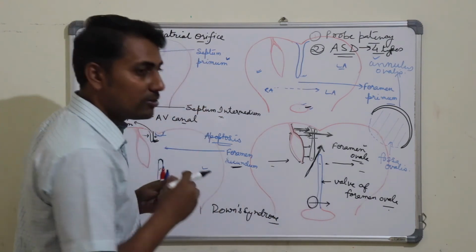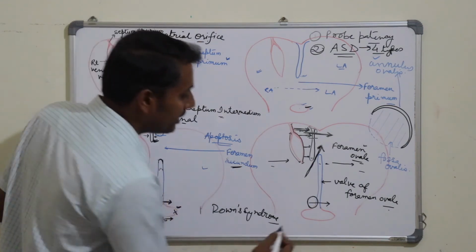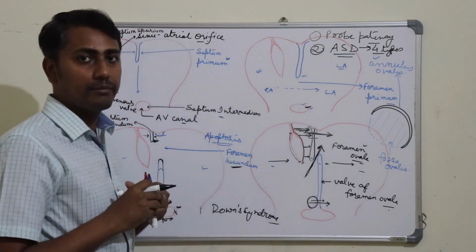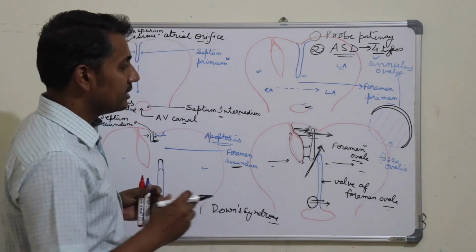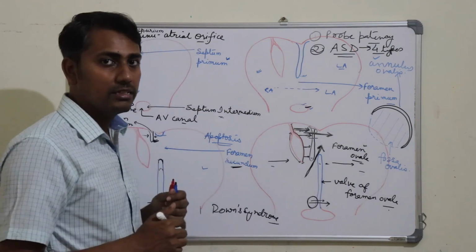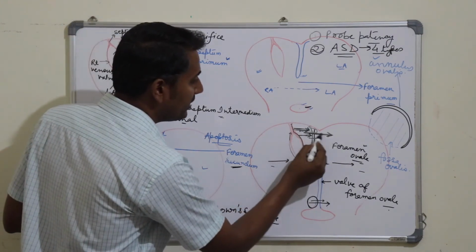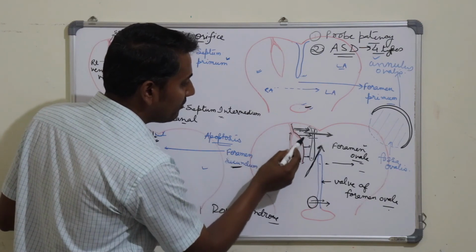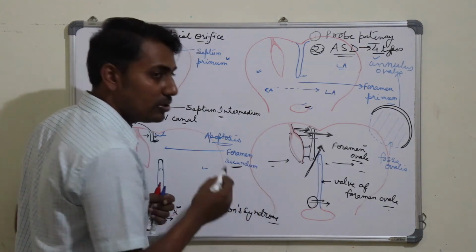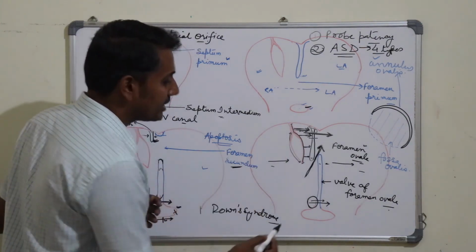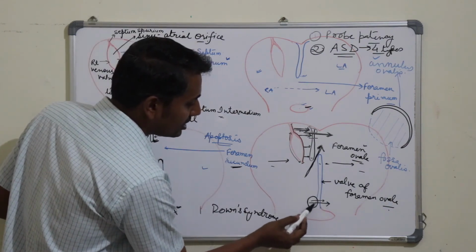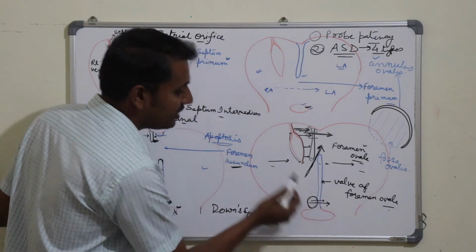Therefore, due to the non-formation of these valves, there can be a defect in this lower part of the septum primum. So we can say here that the defect lies in two areas. The most common is the upper part of the interatrial septum, just in relation with the opening of the superior vena cava. Also, sometimes, very rarely, it can be found in the lower part of the interatrial septum in relation with the opening of the inferior vena cava.